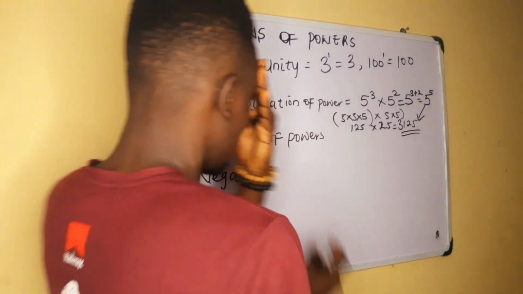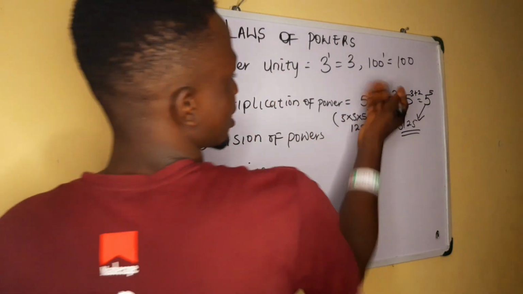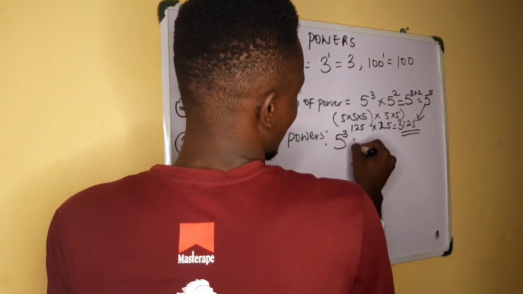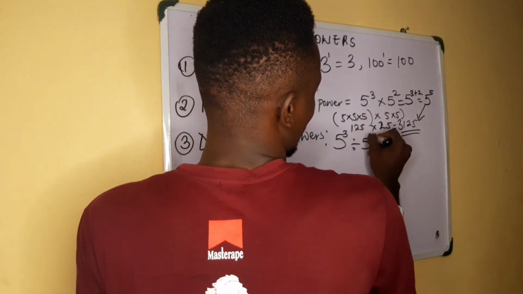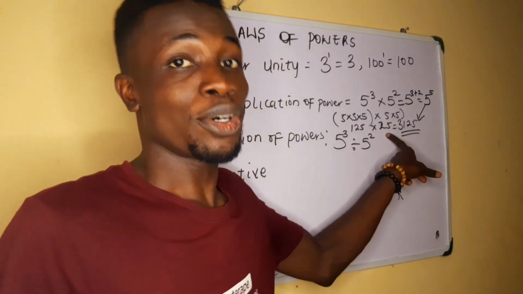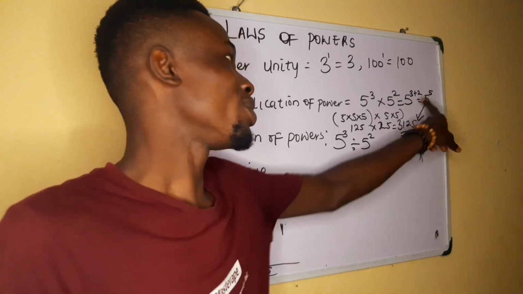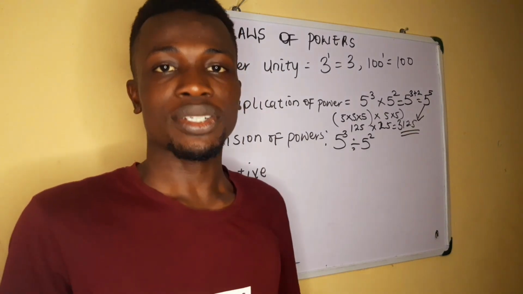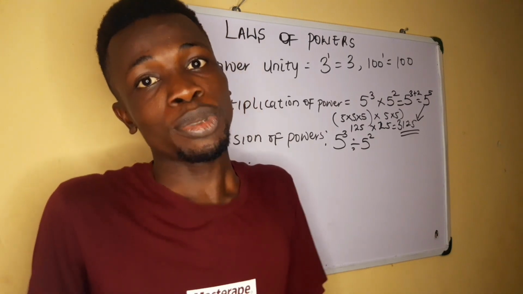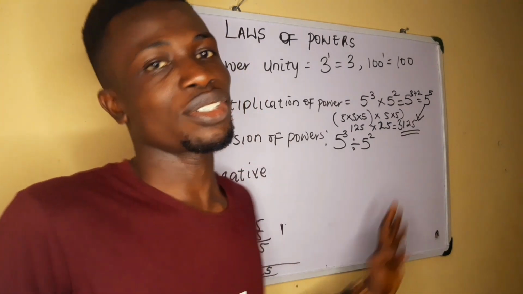Then the next one is the division of powers. I'm going to use the same example. Division simply means 5 raised to the power 3 divided by 5 raised to the power 2. So instead of using this approach, I'm going to use the same approach as before. Since multiplication is equal to addition of the powers, then division should be equal to the subtraction of the powers.